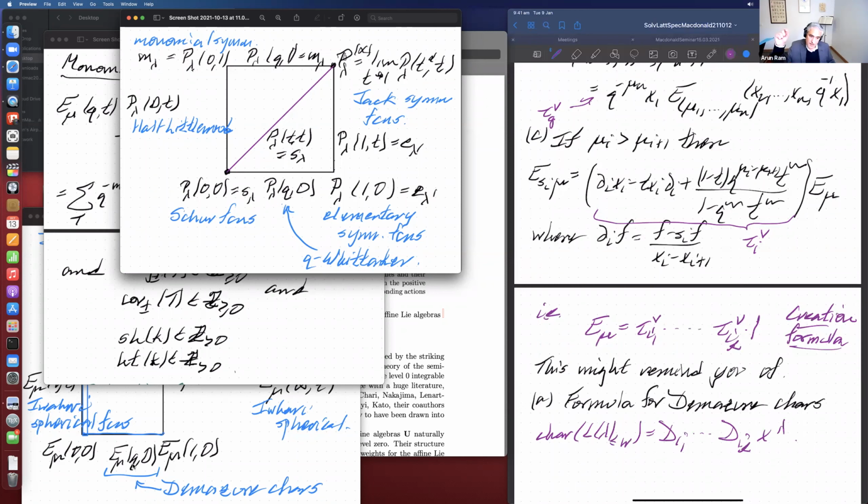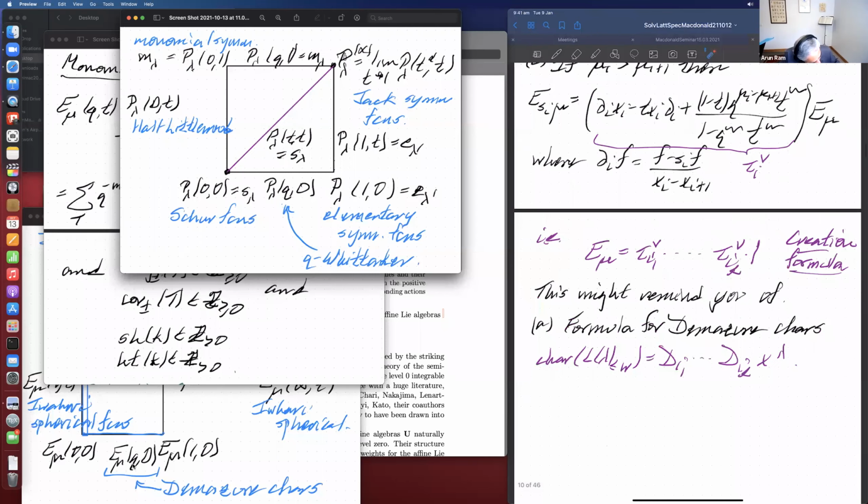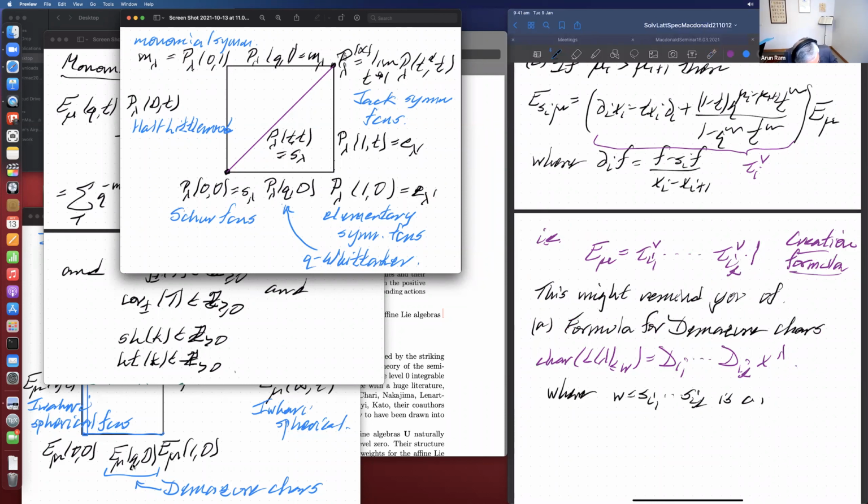Well, you have an x to the lambda and you apply a bunch of ugly operators. And I want that to feel similar to this. You start with 1 and you apply a bunch of operators. And so here, w is s_i1 up to s_il, a reduced word.